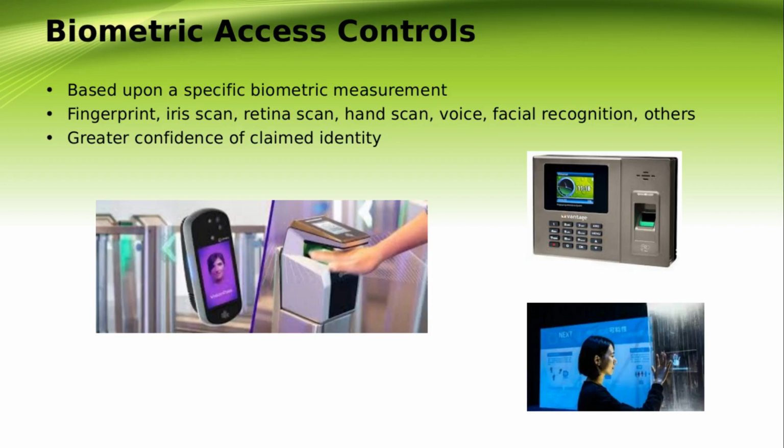This is the same topic, based upon specific biometric measurements such as fingerprint, iris scan, and retinal scan. These are very common day to day nowadays. Let's say it's a fingerprint.